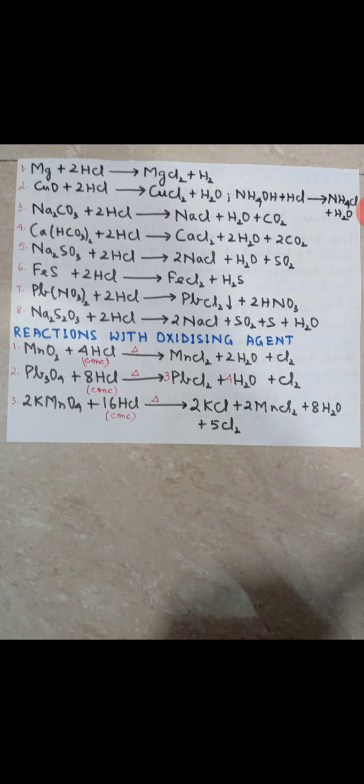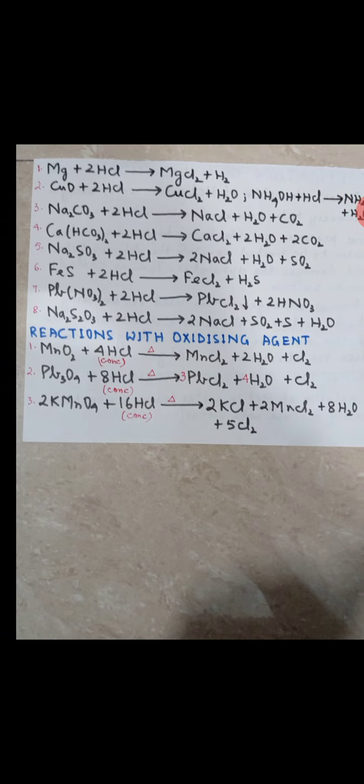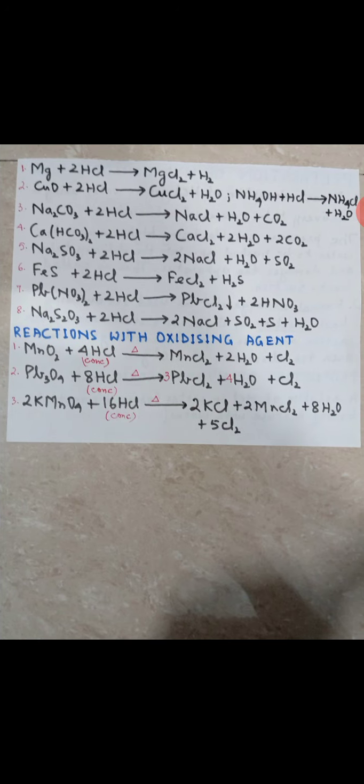So these are the reactions of HCl with different kinds of salts: carbonate, bicarbonate, nitrate, nitrite, sulfide and so on. Now hydrochloric acid also acts as a reducing substrate for oxidizing agents, meaning the oxidizing agent oxidizes hydrochloric acid.